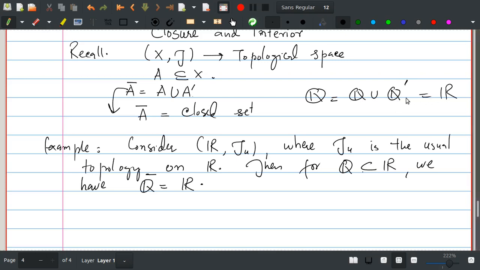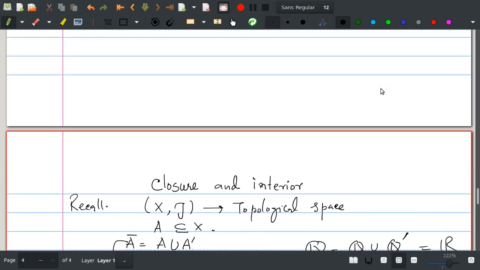Now this means either of the following two cases: Q prime is the set of irrational numbers, or Q prime is the set of all real numbers. If Q prime is the set of all real numbers, then this union is R. So that means any real number in R is actually a limit point of Q. Let us see how.